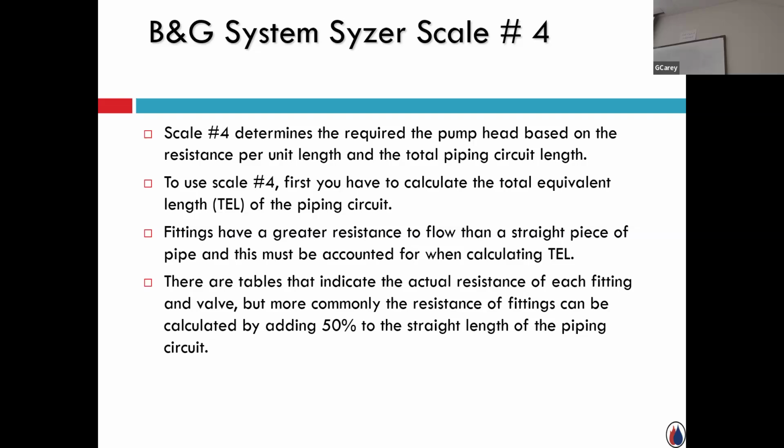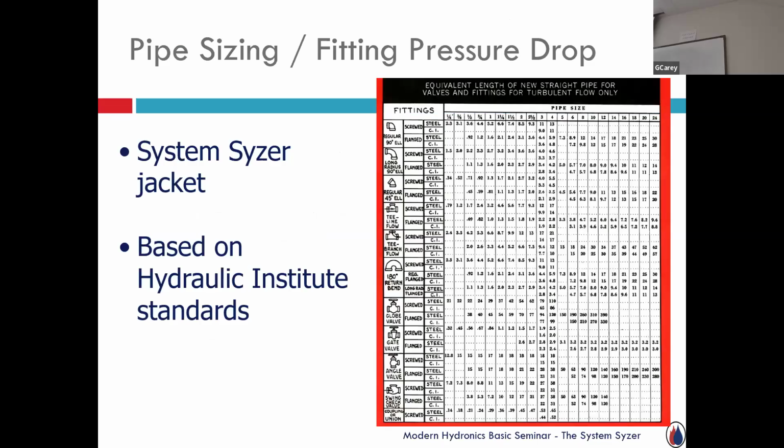There are tables, and in fact, on the enclosure of the wheel, some of you might still have it, on the backside, and of course it dates itself with the fittings they're using, they list, for example, that a regular 90-degree screwed steel elbow in 2-inch pipe might have an equivalent TEL of 8.5 feet. So one 2-inch 90 might be equivalent to 8.5 feet of pipe.